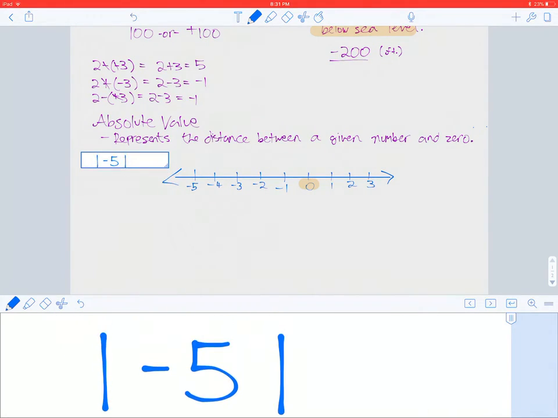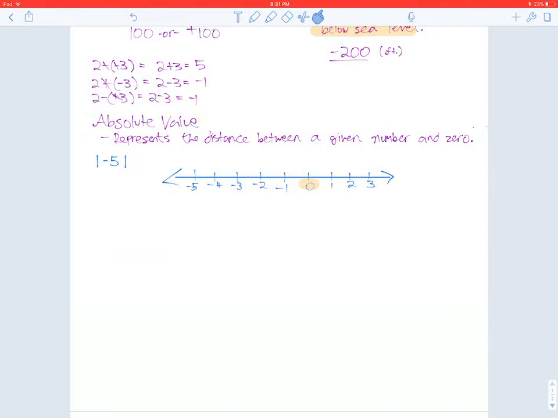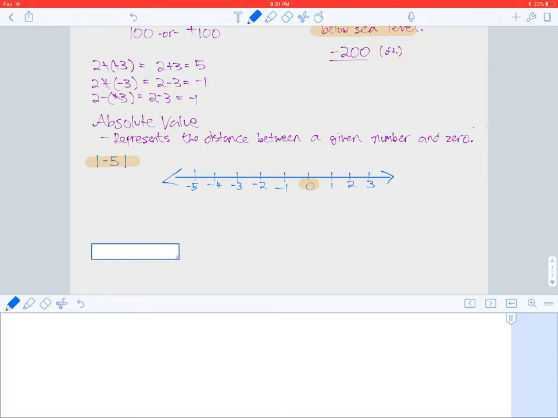So that is read as absolute value of -5. Those bars can also be called mid segments.